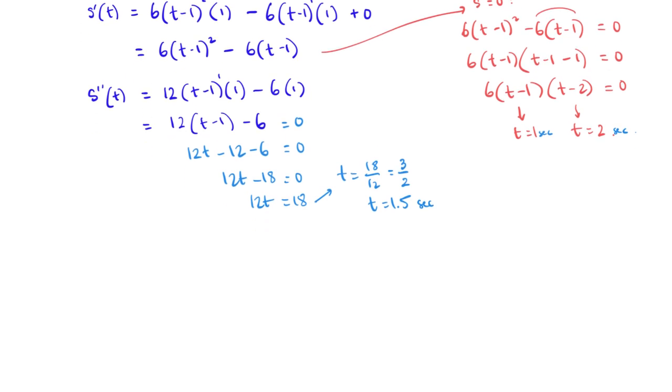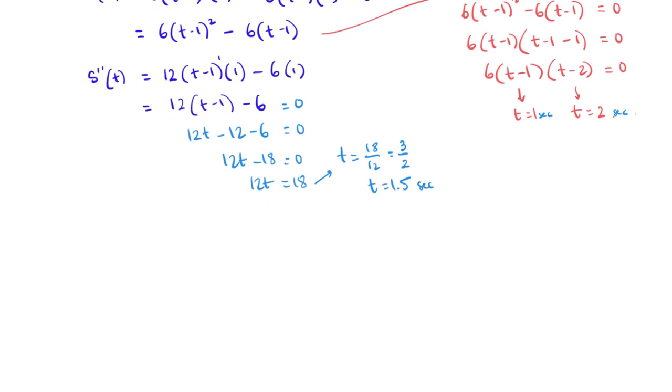What do we do with these zeros? We will construct number lines for the first derivative. We only use the critical points, or the stationary points, that we found. Those are the values of t that make the derivative equal to 0, and we found that they were 1 and 2.